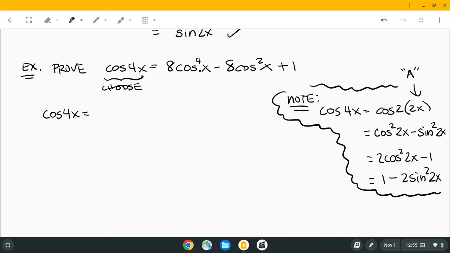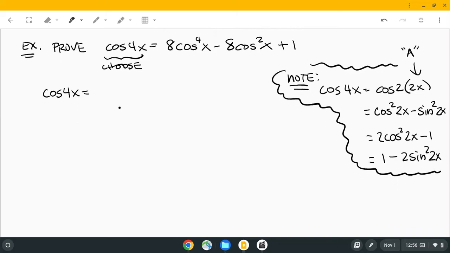Cosine 4x, and we're going to try to expand it so it looks like this. Notice how the angles are all just x, not 4x, not 2x, simply x, which tells me that we're probably going to use the double angle twice. Since we only have cosines here, I'll use the second option instead of the first or third, which require sine.